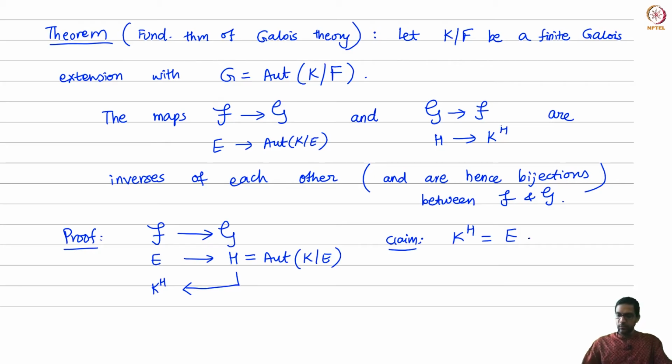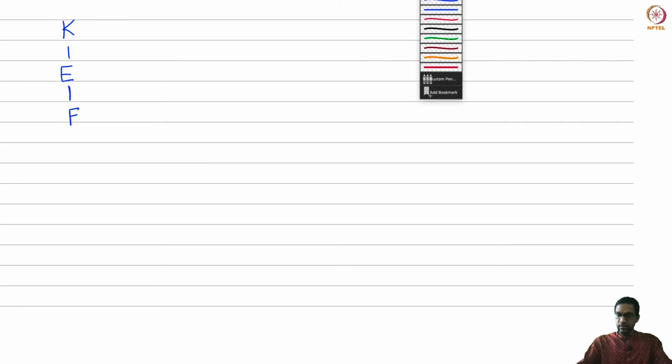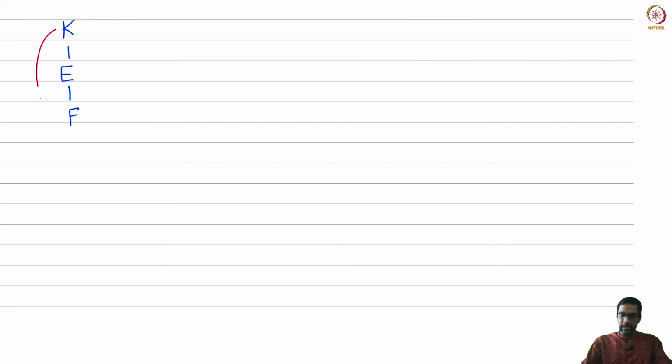So that's one part of the theorem, because it establishes that when you compose in this order, you get the identity on F. So let's just draw the extension tower K, E, F. What's given? You're given that K over F is a Galois extension.